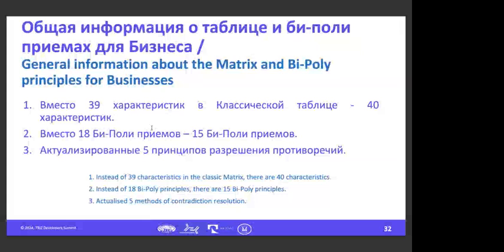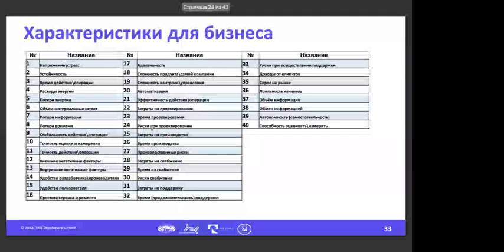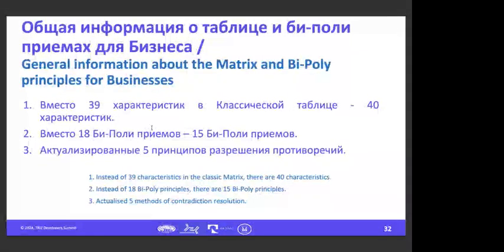Why did we change the 39 characteristics? In our mind, some genuine original characteristics are not proper for business at all. For example, temperature, light, and so on. It is not possible. Of course, we can engage our fantasy, but in our mind, it won't be correct and it won't reflect business realities as a complex business system.